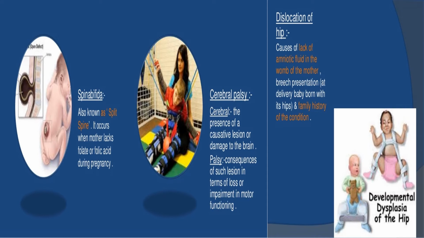Next one is dislocation of the hip. As the name suggests, the hip portions are dislocated in the developmental stage, and the cause of this impairment is lack of amniotic fluid in the womb of the mother.